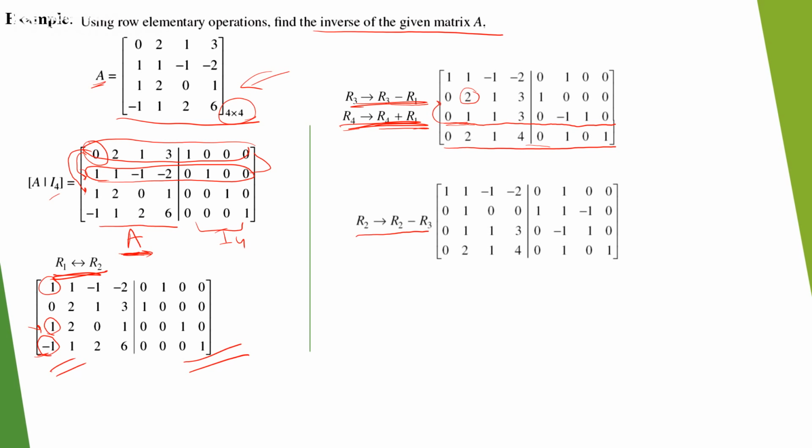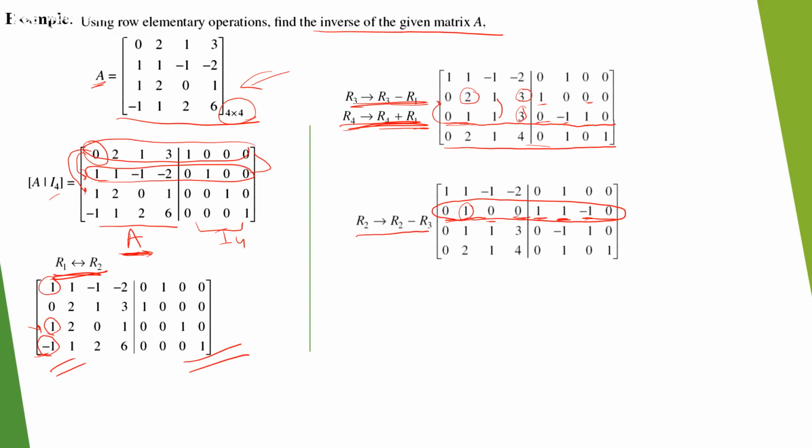So we get 0, 1 minus 1, 0, 3 minus 3, 0, 0, 1 minus 0, we get 1, 0 minus minus 1, we get 1, 0 minus 1, we get minus 1, and 0. So row 2 becomes like this.